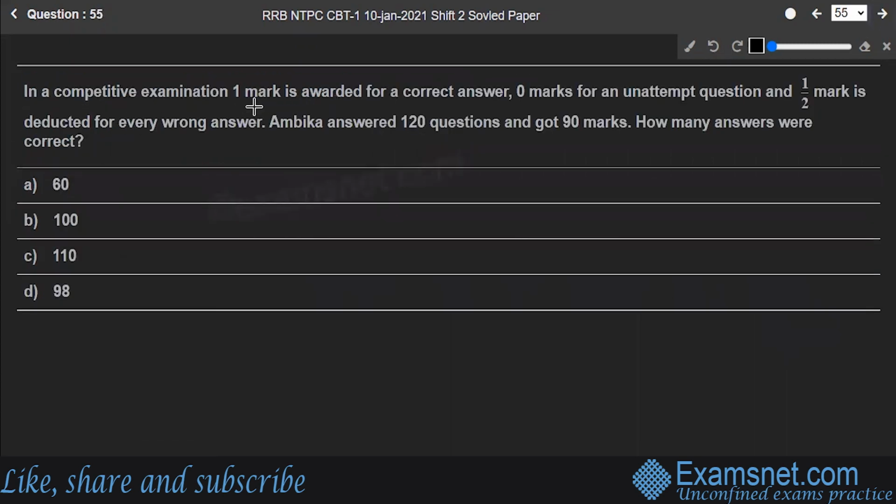In a competitive examination, 1 mark is awarded for the correct answer, 0 marks for no attempt, half mark is deducted for the wrong answer. Ambika answered 120 questions and got 90 marks. How many were correct? So you are given number of things. First thing, number of questions attempted, 120.